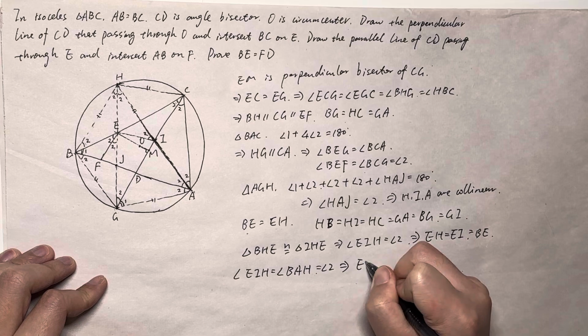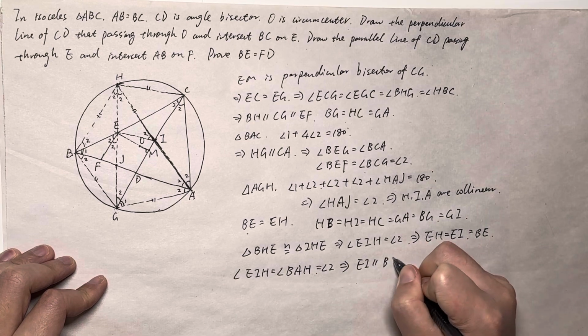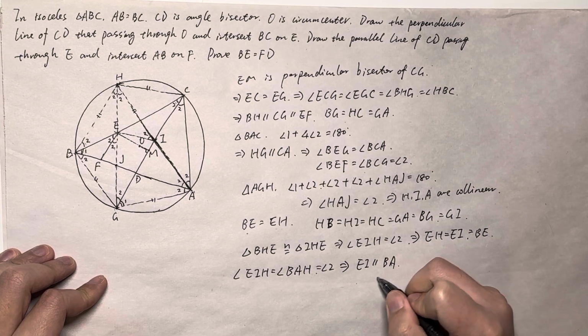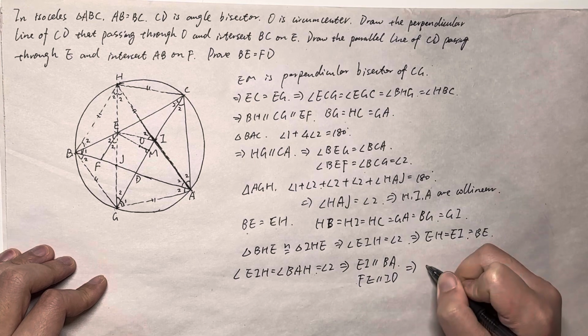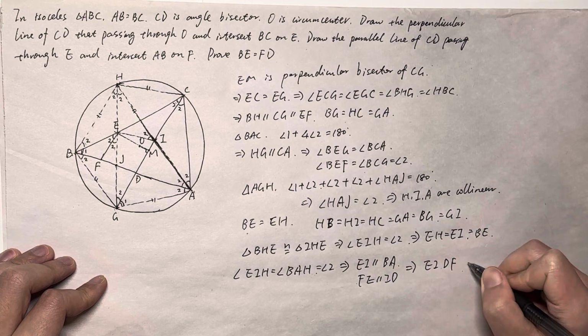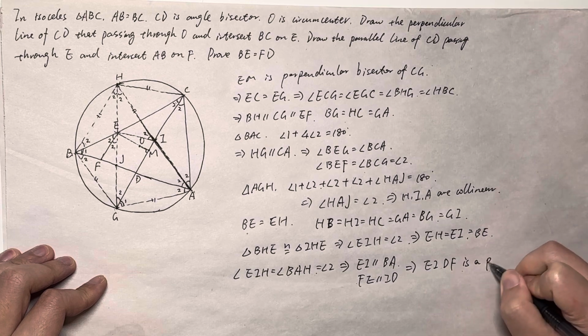We know that EI is parallel with BA. And we already know that FE is parallel with ID. So we know that EIDF is a parallelogram.